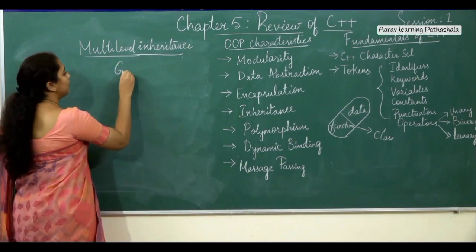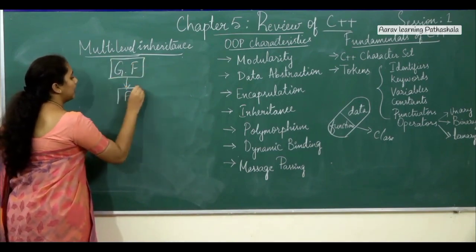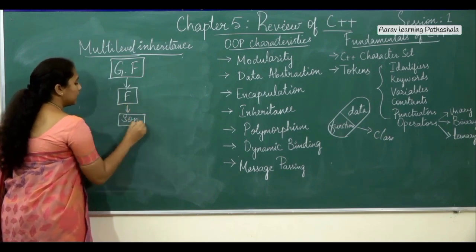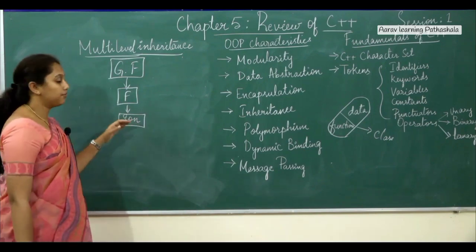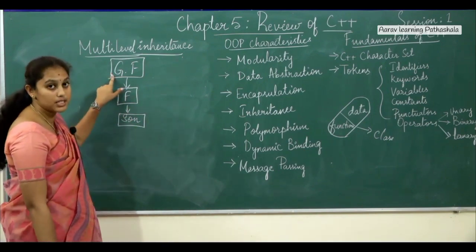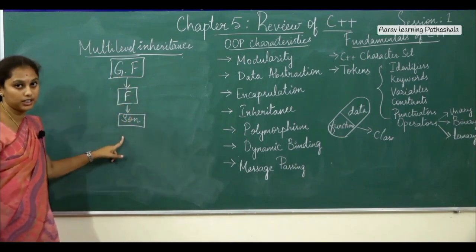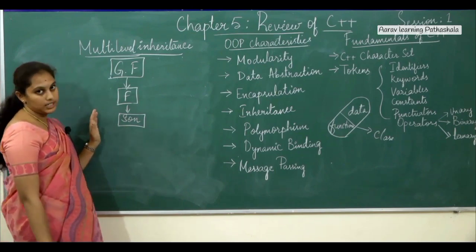Consider the grandfather, father and son relationship. Here son is inheriting a feature like height from his grandfather and intelligence from his father. So this is called multi-level inheritance.